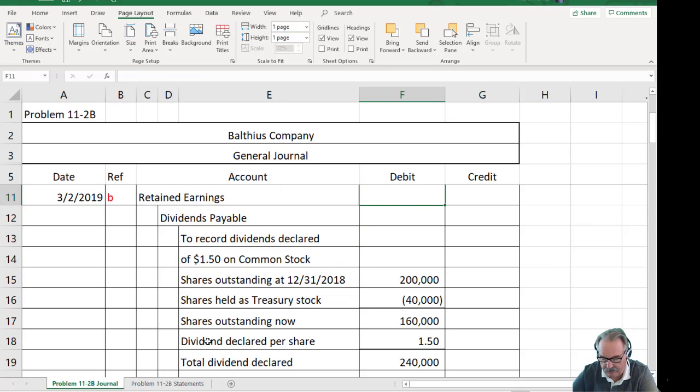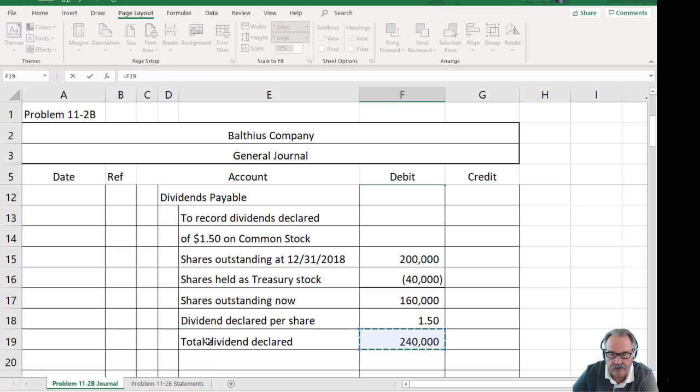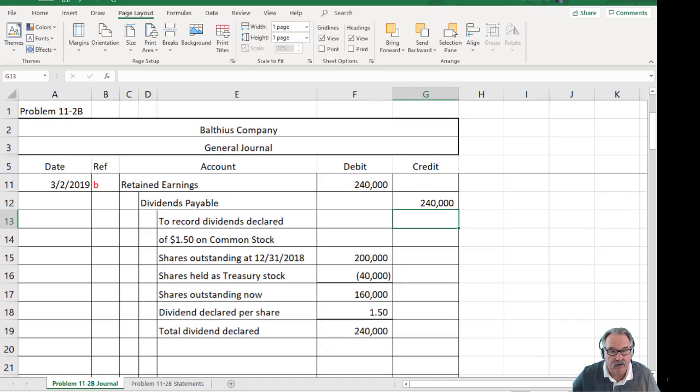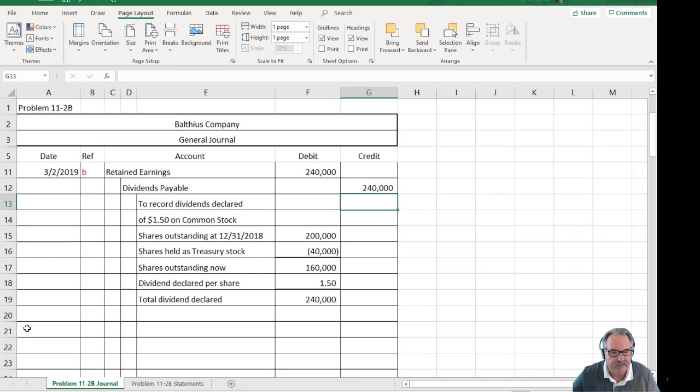Debit retained earnings $240,000, and credit dividends payable. Again, we're not paying it, we're just declaring it. But the next transaction, which is on the 31st of March, is to actually pay those dividends. So I will make this a little smaller so that we can keep these together.